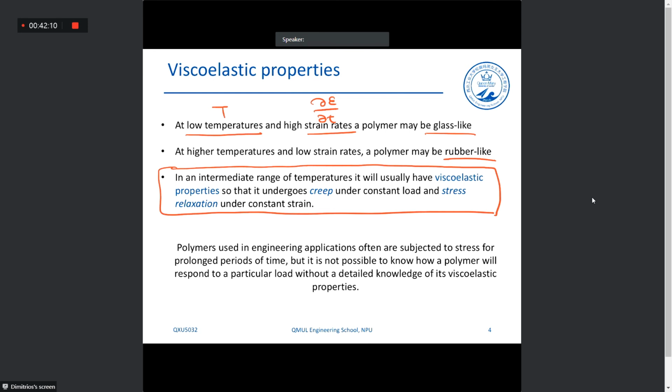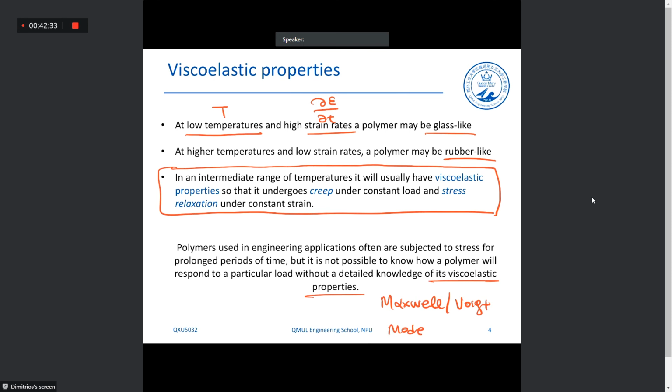We do this by knowing its viscoelastic properties and modeling them, mainly with the models that we will see, the Maxwell model and the Voigt model, okay?